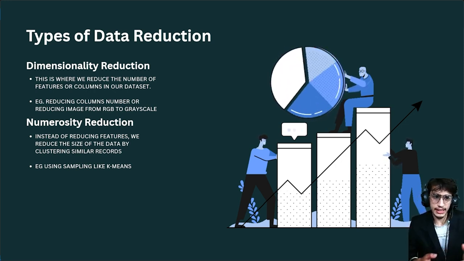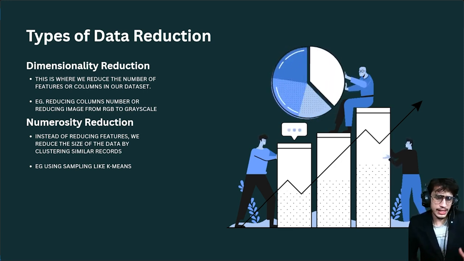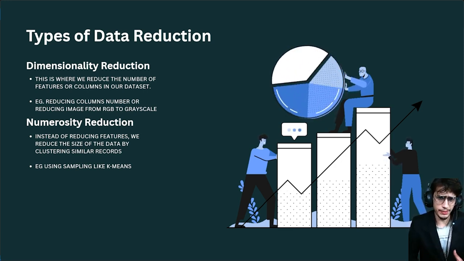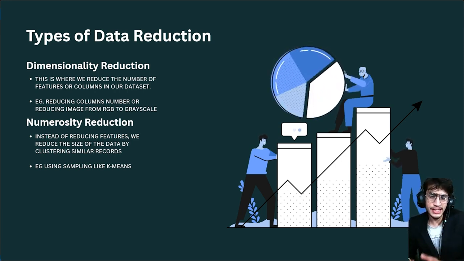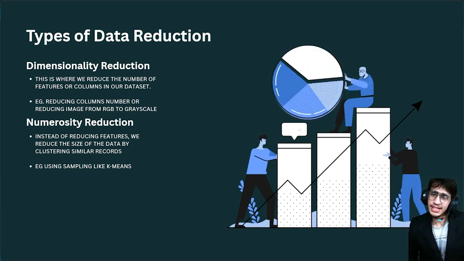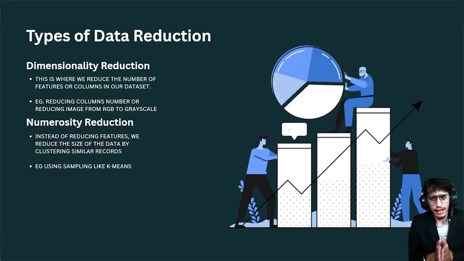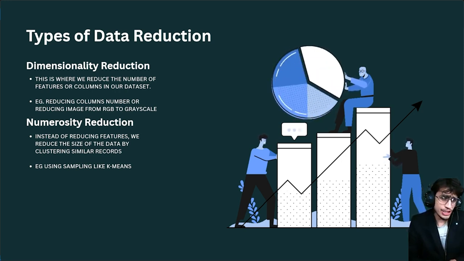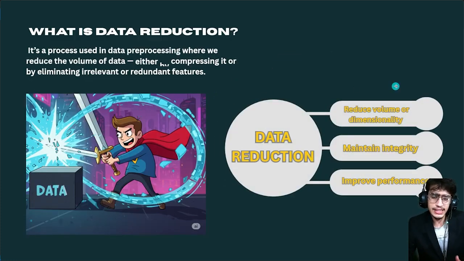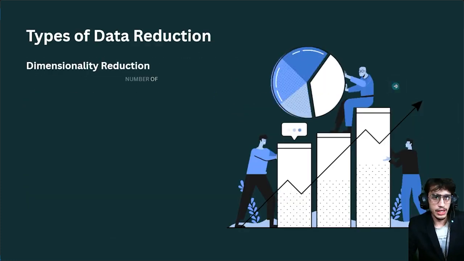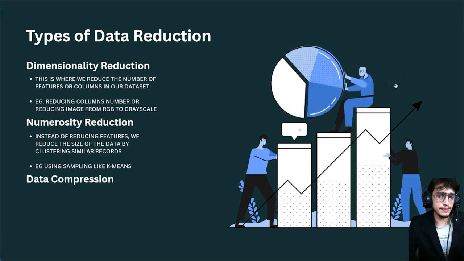So we can make a sample, or we can make a cluster of them using k-means or other techniques. So this is numerosity reduction, which we are going to cover in the machine learning playlist, where we will have 3 or 4 videos on these topics, and we will do code and other things in much more detail. After that, we have the last but not the least, data compression.